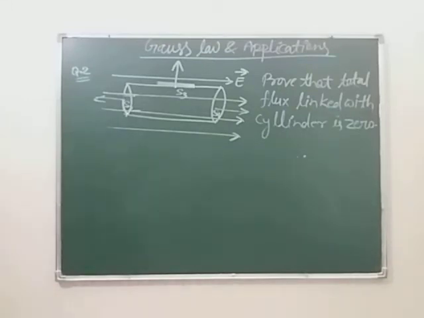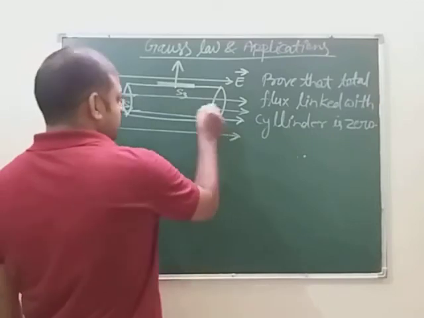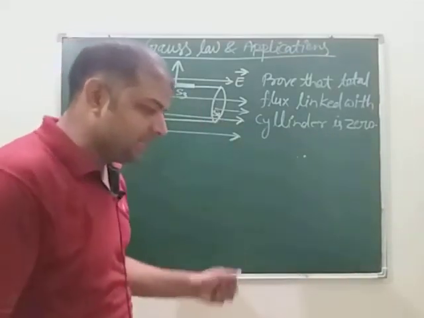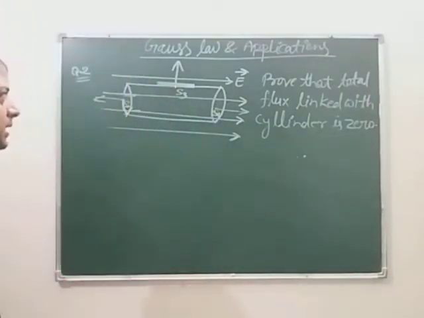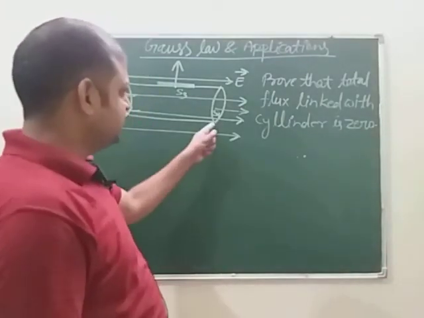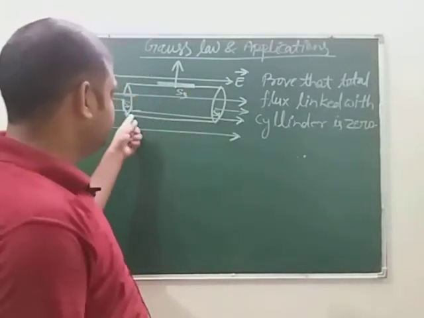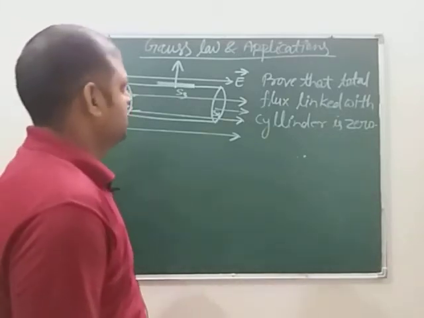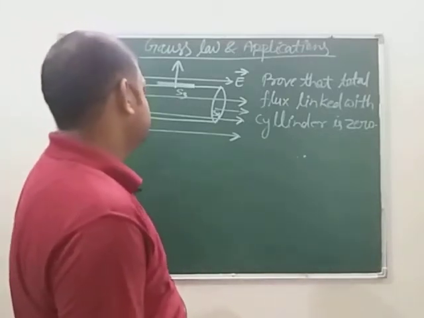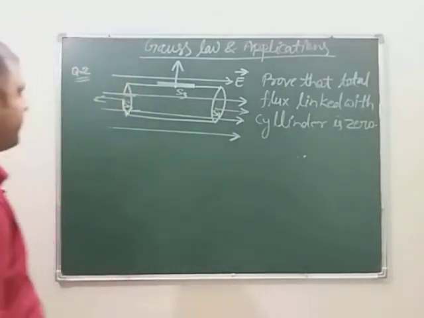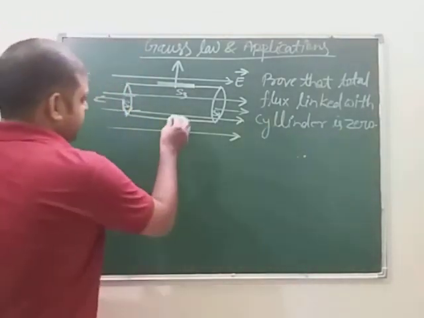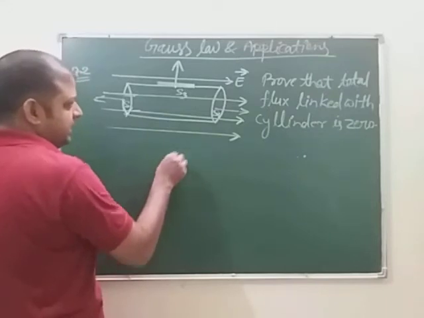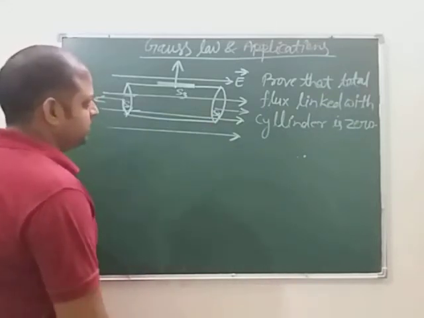because in a cylinder we can assume that the 2 lids cover the cylinder and the third one is the curved surface. So these are the 2 surfaces and one complete curved surface. If you take this S3 here, then the electric field will also be perpendicular to the area.